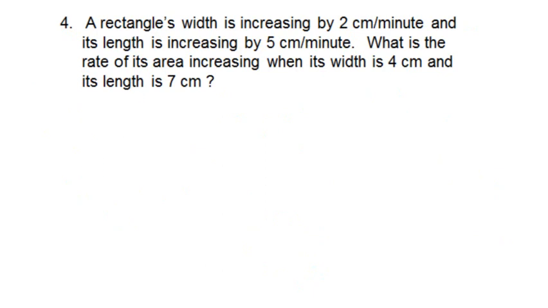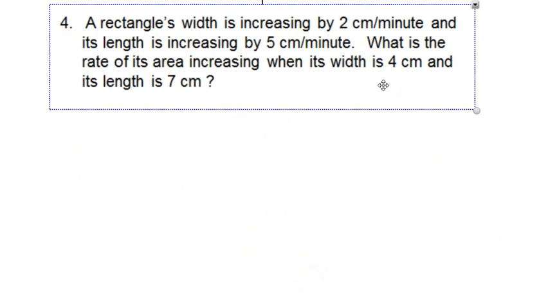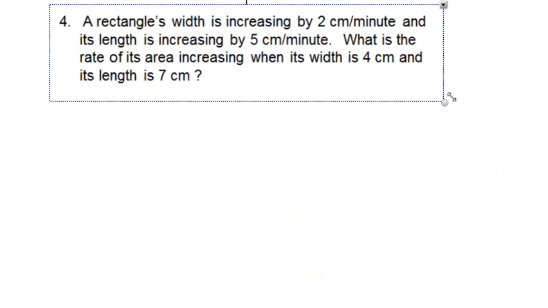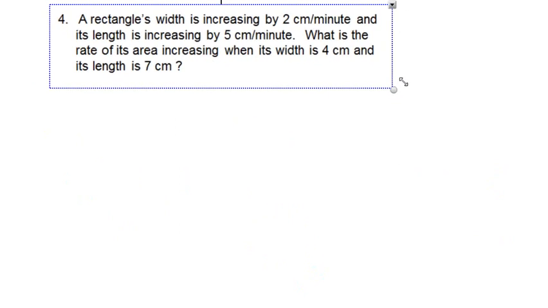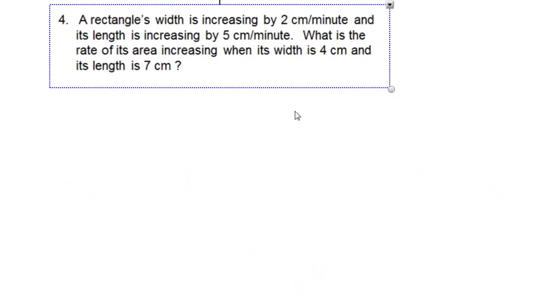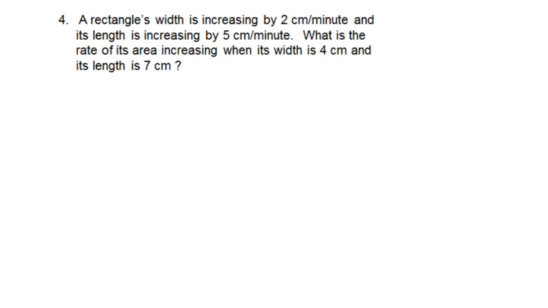Next, a rectangle's width is increasing by 2 centimeters per minute and its length is increasing by 5 centimeters per minute. What is the rate the area is increasing when the width is 4 centimeters and its length is 7 centimeters? So we have this basic situation. We have our rectangle right here like this.